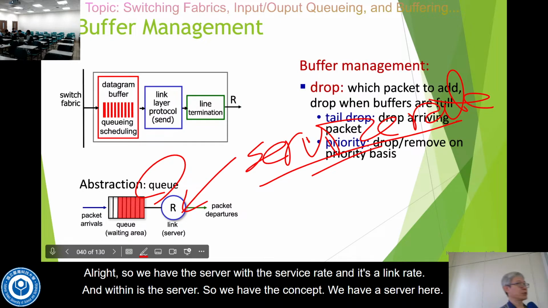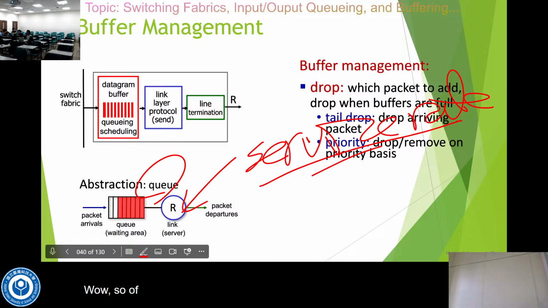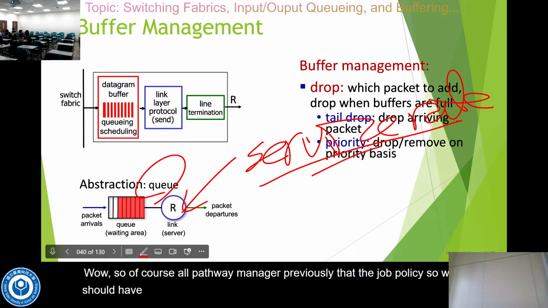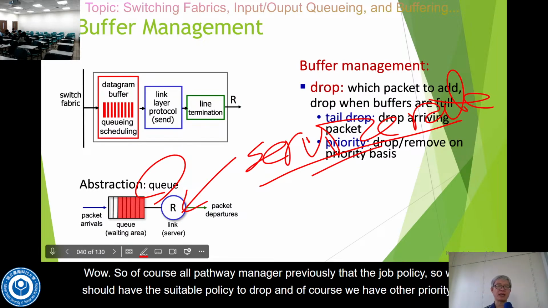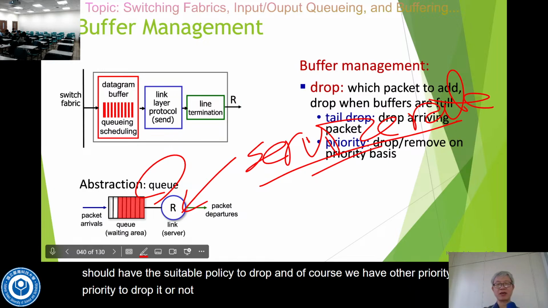Of course, for buffer management, we should have a suitable drop policy. And of course, we have priority: priority to drop it or not, and priority to process further or not.